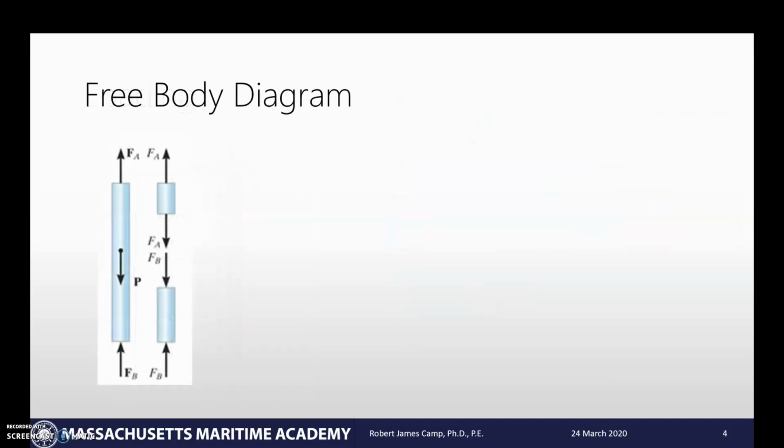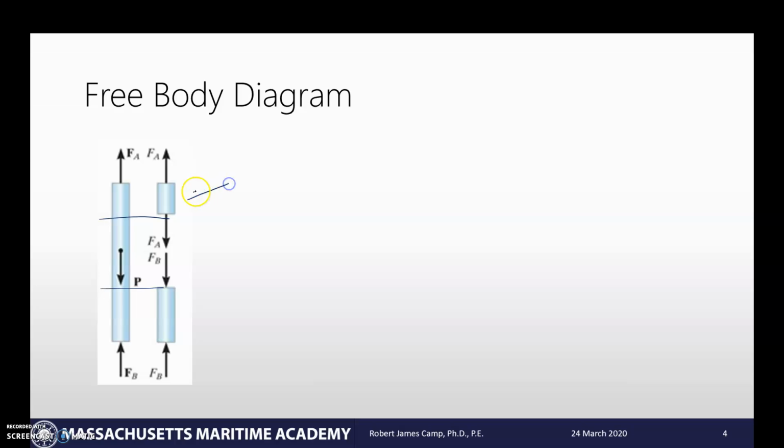So how do we take into account this compatibility equation? If I take a look at the free body diagram and cut it here and here, I can look at the internal forces. Where I'm cutting it, I'm completely removing P from the equation.